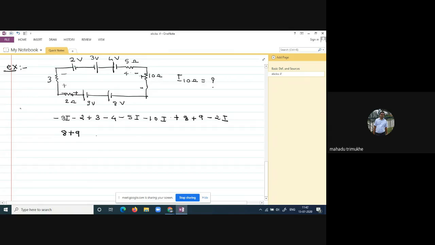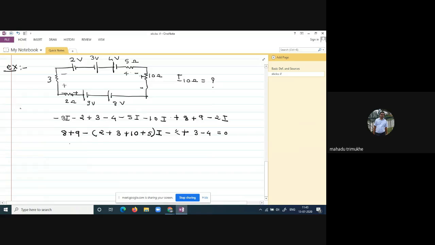Then take the common of current I, which is 2 plus 3 plus 10 plus 5, as we have seen previously. That is minus 2 plus 3 minus 4.